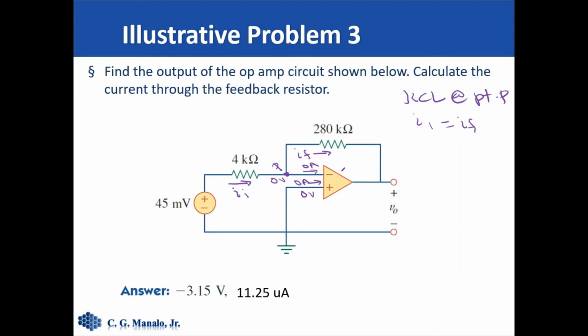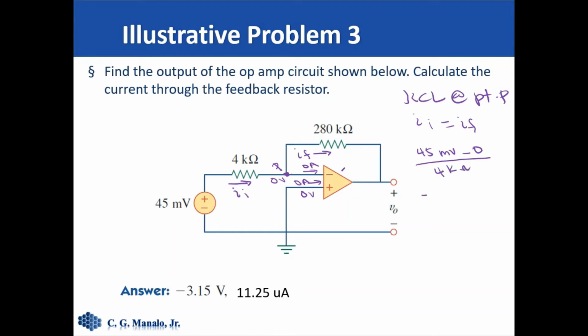I sub I can be written as 45 millivolts minus a 0 divided by 4 kilo ohms.